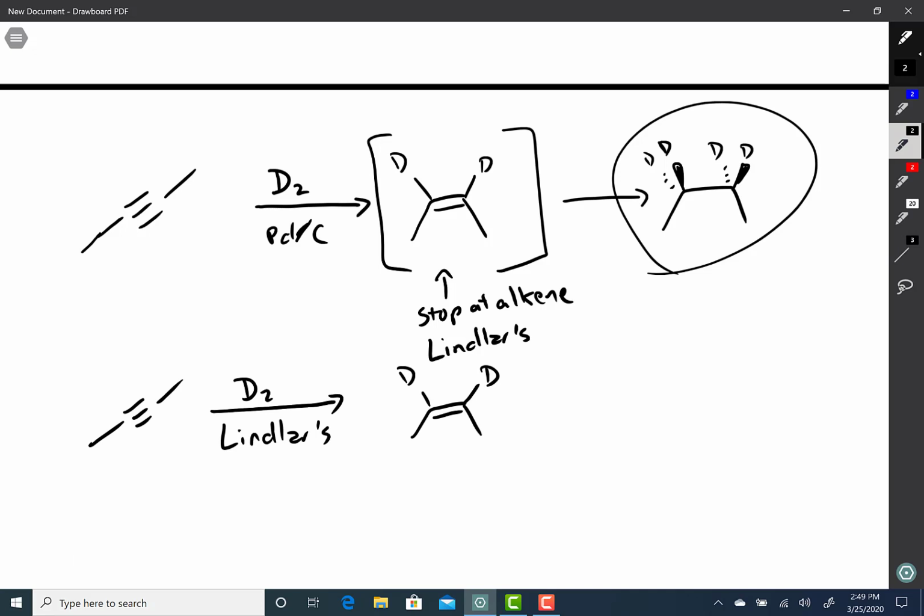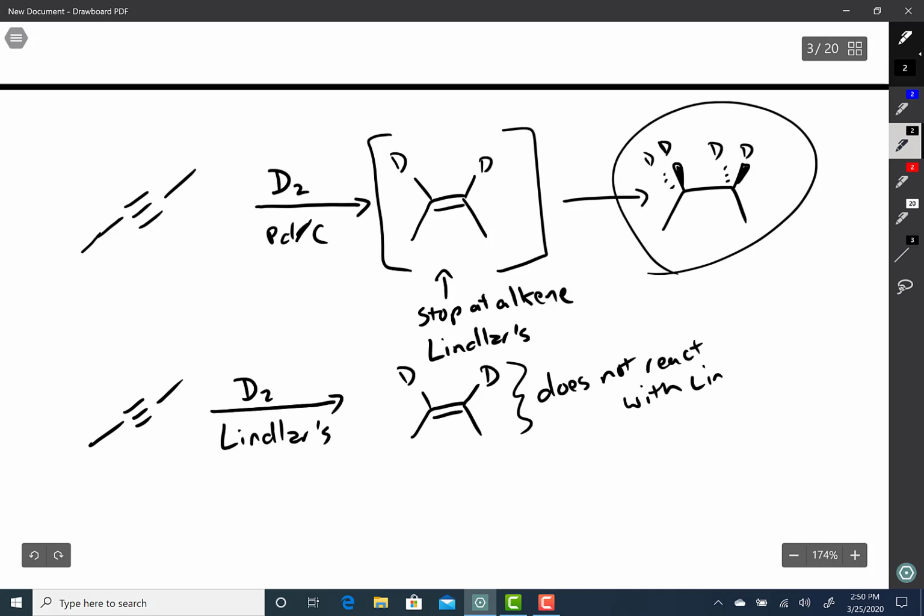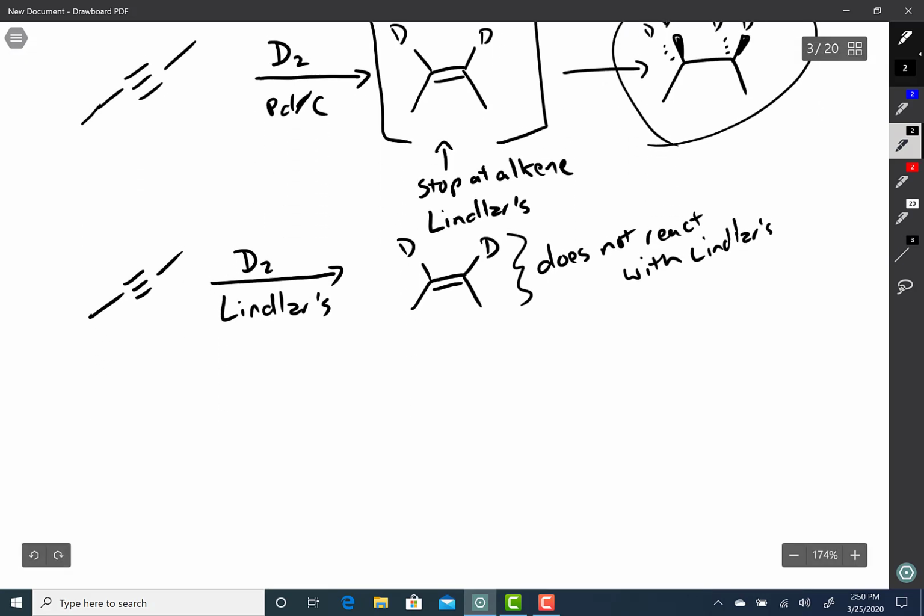And that puts the deuteriums here. And this right here does not react with Lindlar's. Lindlar's is weak. It typically just reacts with the alkyne and not with alkenes. Now that gives us a cis-alkene.